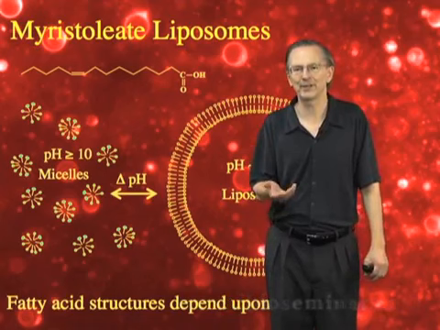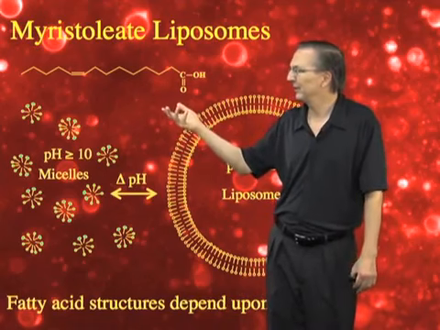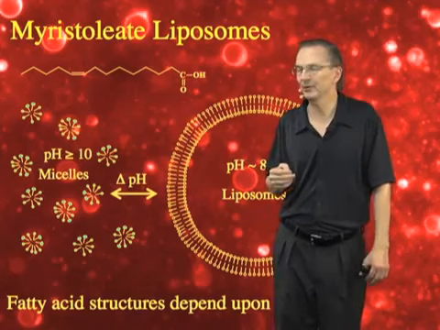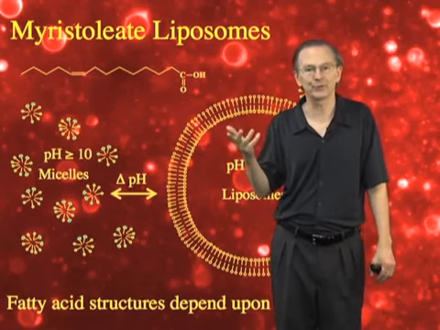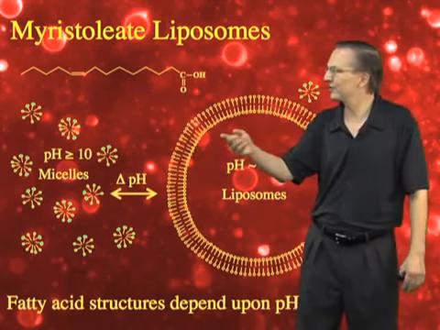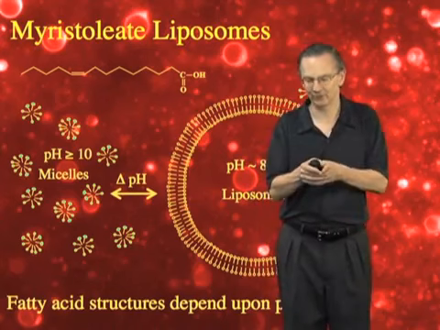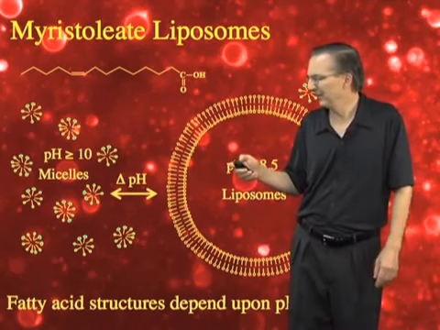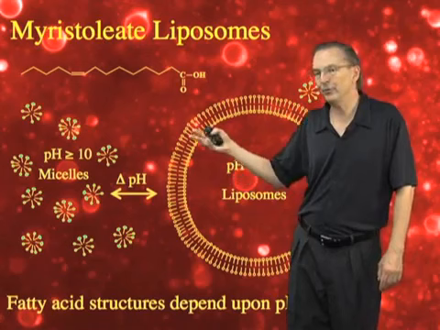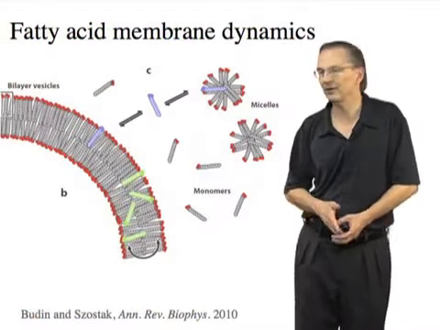You'll notice this pKa of 8.5 is considerably higher than the pKa of individual fatty acid molecules in solution, which is closer to 4.5. And the reason for that is that these charged head groups are much closer together in this aggregate structure.